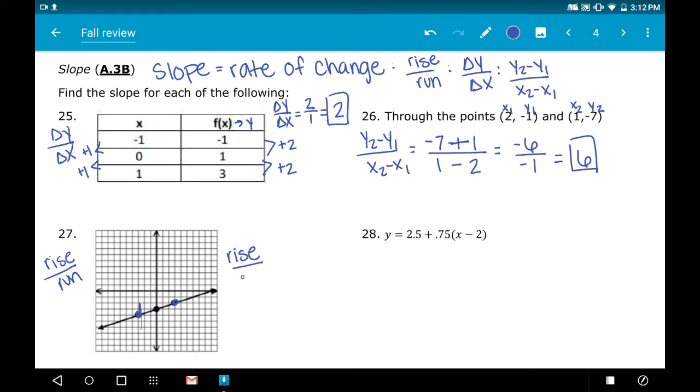So my rise over run, since I went up 2, my rise is a +2. Now I go to the right, 1, 2, 3, 4, 5, 6. So right is again positive, so my run would be +6. When you simplify this, the top and the bottom can both be divided by a 2. So my final slope here is 1 over 3.